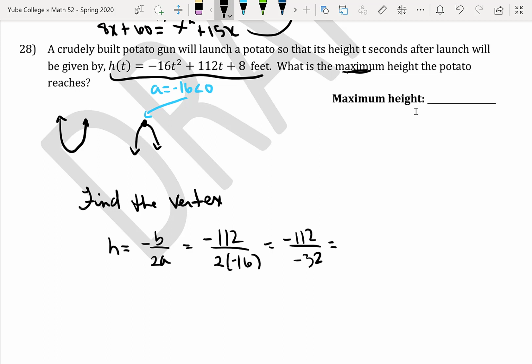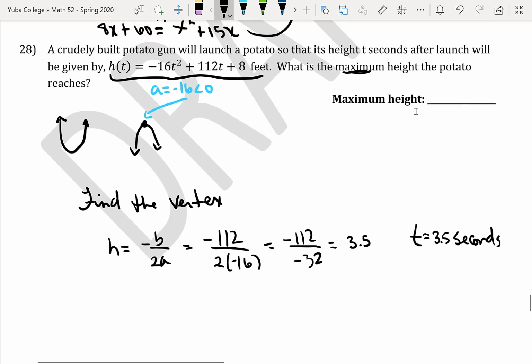In order to find the maximum, what I have to do is I need to plug in this result, 3.5, wherever I see a t in this equation. So I have -16, I see a t, so instead of putting t, I'm going to put a parentheses and then square, plus 112 times t, so instead of t, put a parentheses, plus 8. So inside the parentheses, put 3.5.